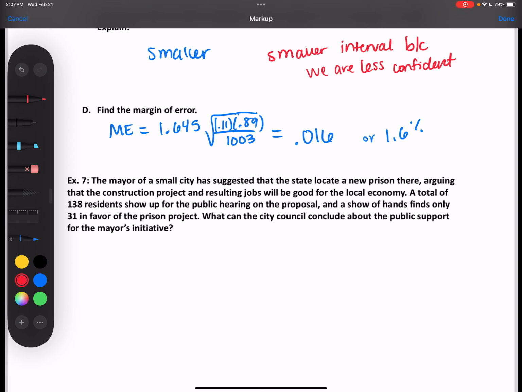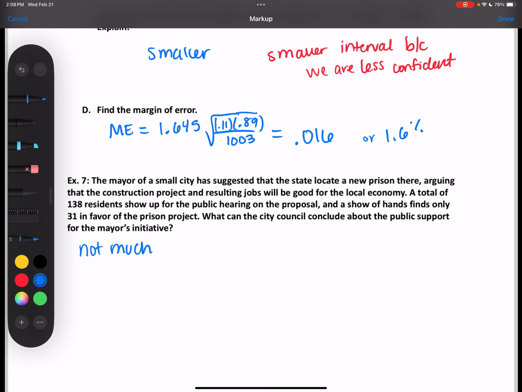Okay. So what can the city council conclude about the public support for the mayor's initiative? Not much, for a couple reasons. The sample is from a representative sample, but it's not random, which we would have found out by checking the conditions.